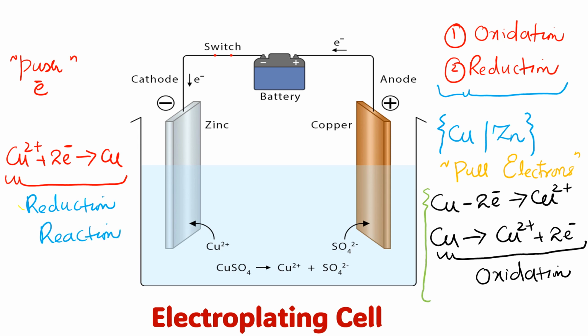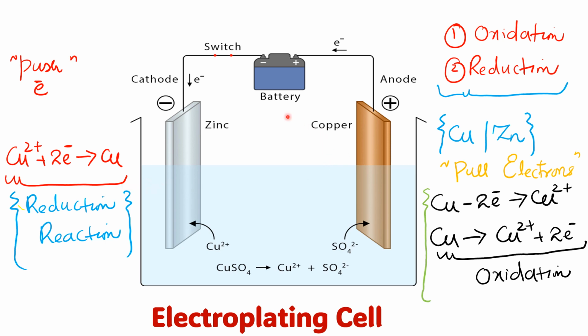So these are the two kinds of reactions, reduction and oxidation, that take place in an electroplating cell, and due to these two reactions, one metal is deposited on the other metal.